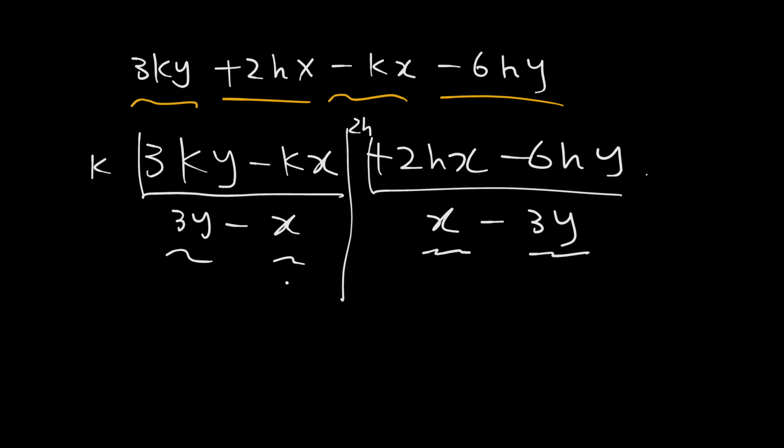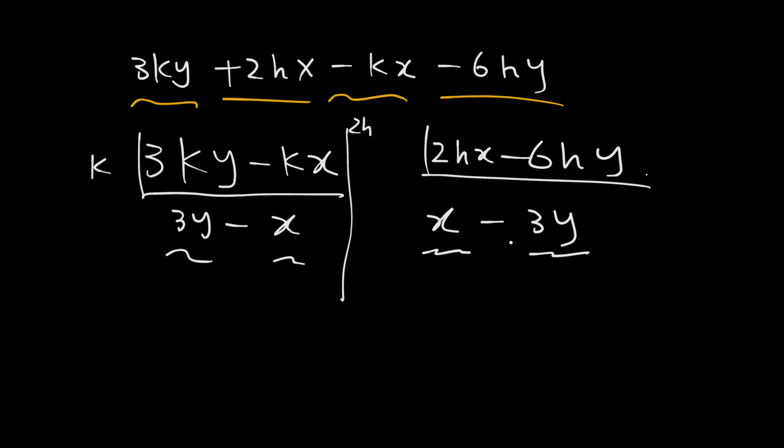Somehow you want to make it the same so that you can factorize, right? So you take out the 2h here, then you get x minus 3y. So why not continue, you take out 2h.